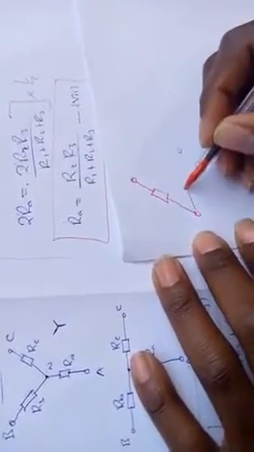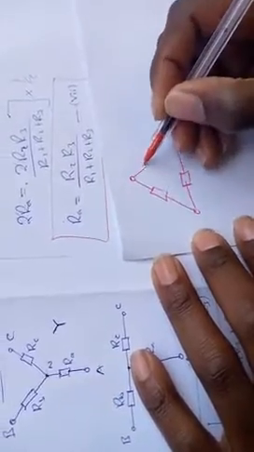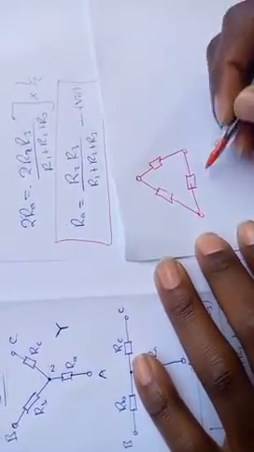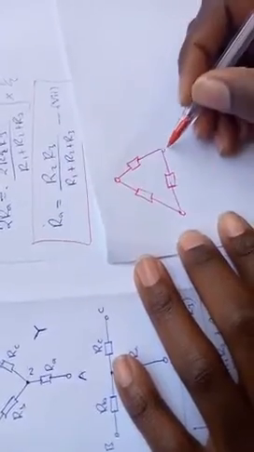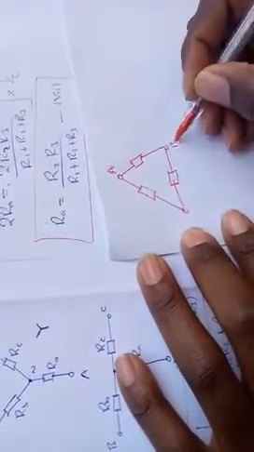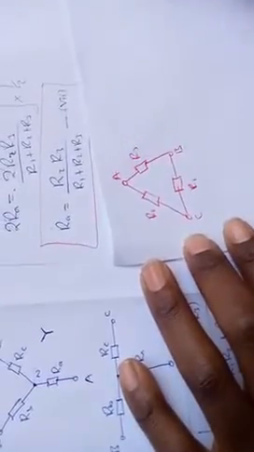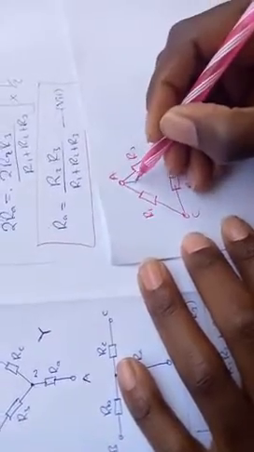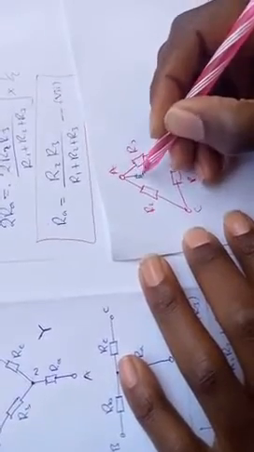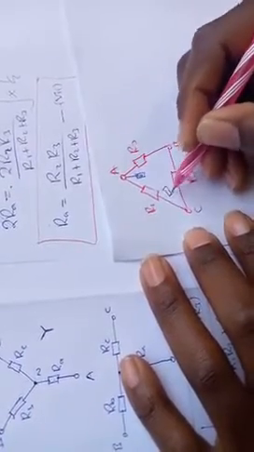This is a delta. It has the shape of a triangle. This is A, B, C, R1, R2, R3. Then I'll put a star network. Okay, let me just do this.